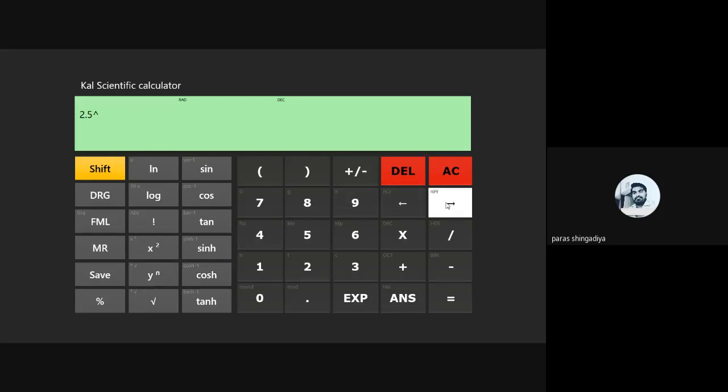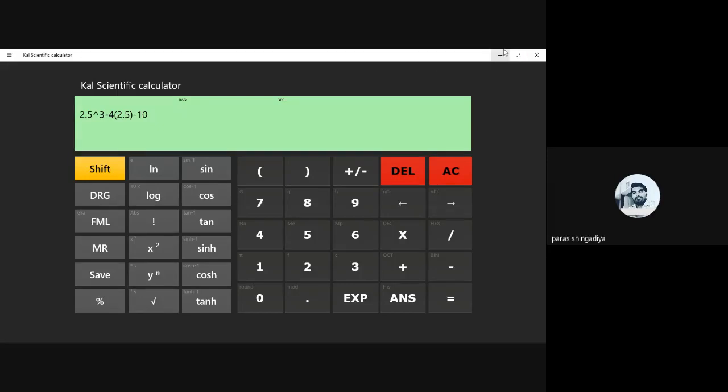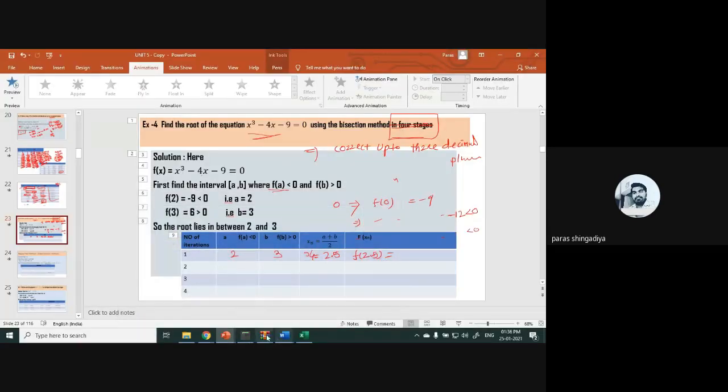minus 4x, x cube minus 4x. So 4 of 2.5 minus 9. So one error: x cube minus 4x minus 9 is the function.